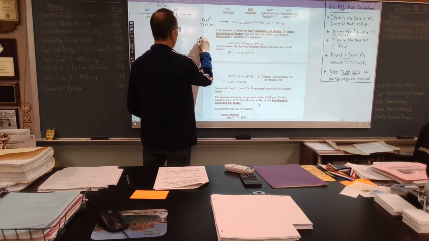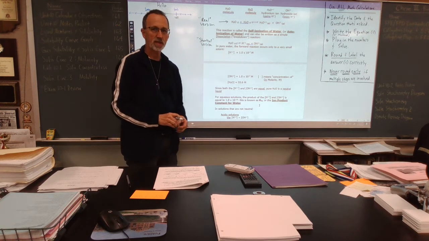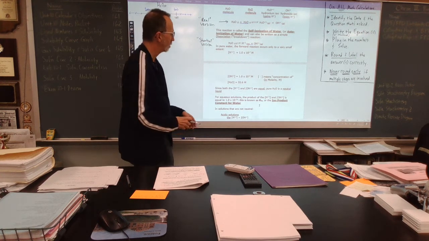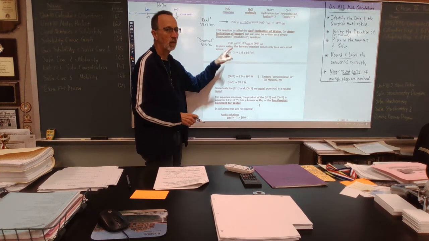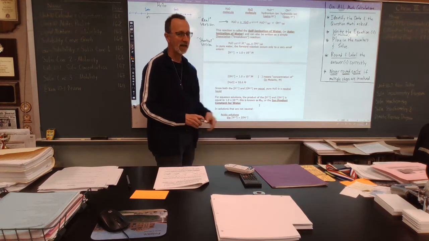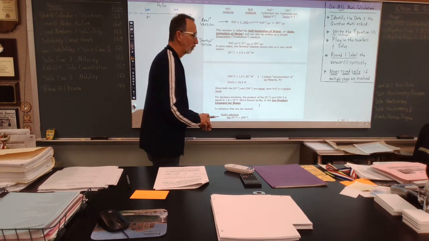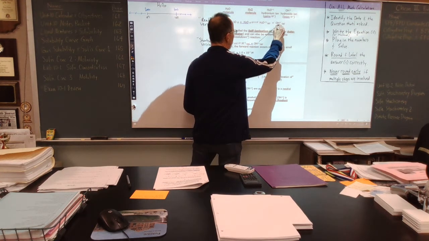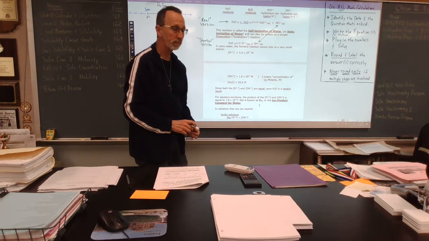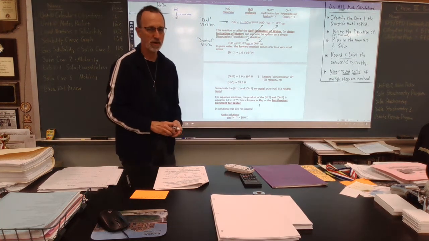I'll call this the shortcut version, whereby rather than having two water molecules react with one another, which is what really happens, we just show it as one water molecule breaking down into a hydrogen ion and a hydroxide ion. As you compare the real one versus the shortcut, you can see that the hydroxide product is the same, and we are substituting a hydrogen ion for a hydronium ion.